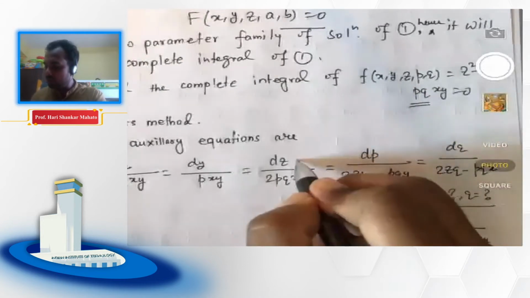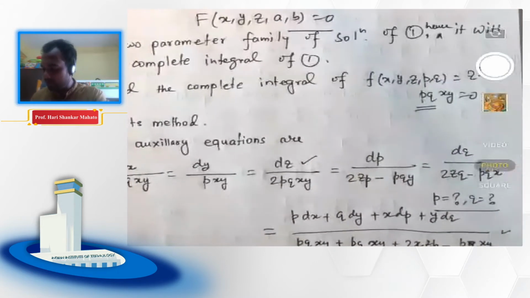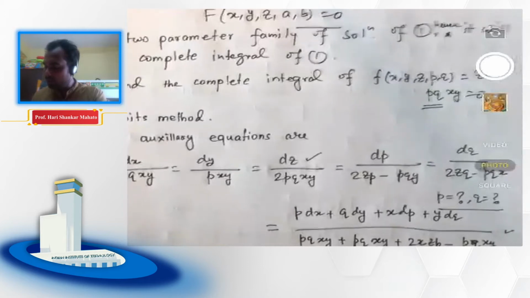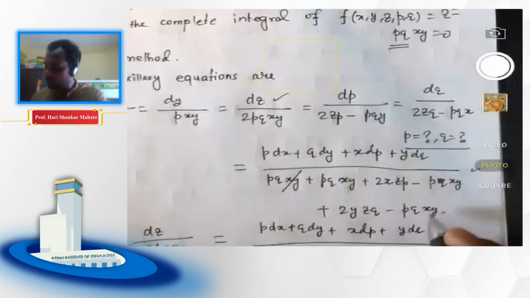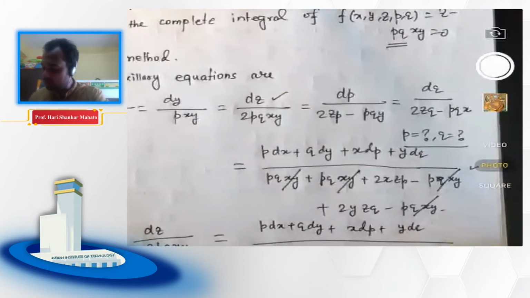And now we are taking this fraction and this fraction. So from here, what we will get is dz by 2pqxy equals (p dx plus q dy plus x dp plus y dq) divided by, this will get cancelled out and this one will get cancelled out, so we will have xzp plus yzq. And dz by 2pqxy.